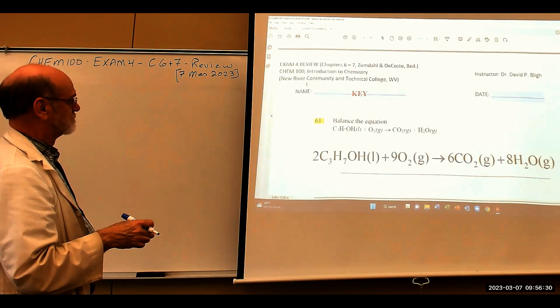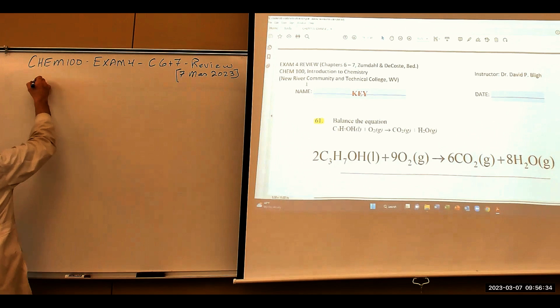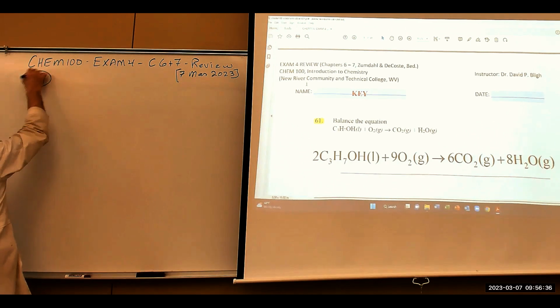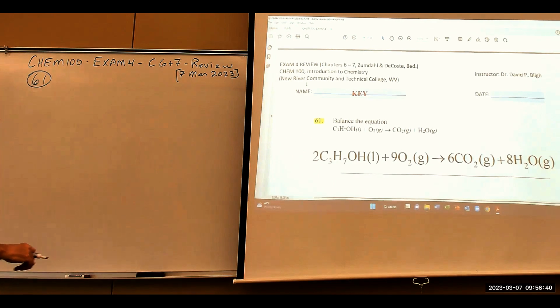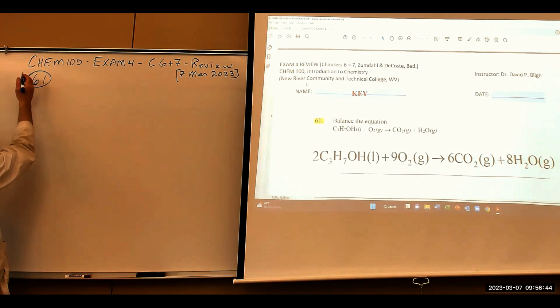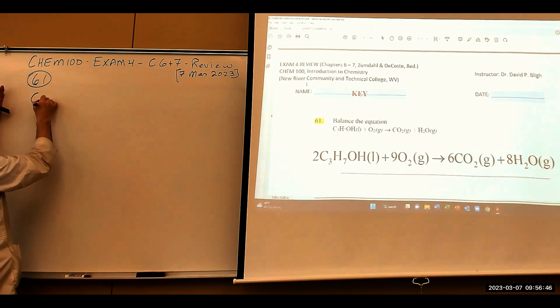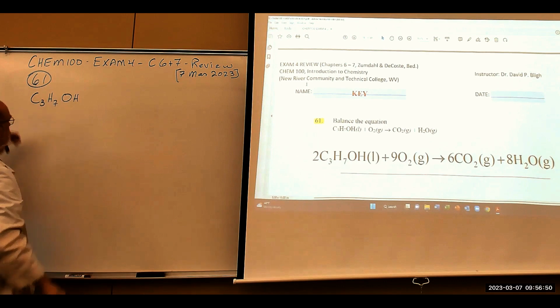Where's my next one? There it is. 61. So we want to balance this equation. All right, C3H7OH. Let's see, need some space here. C3H7OH.